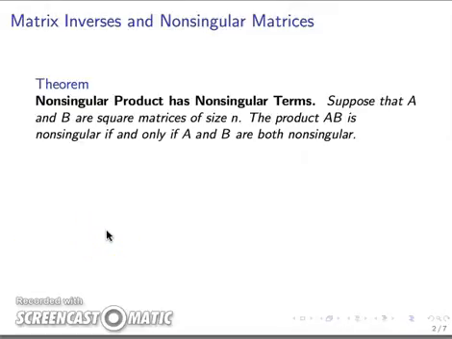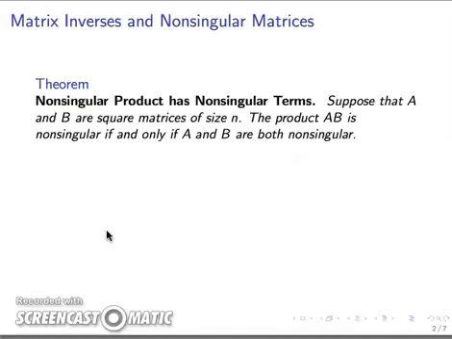So the first theorem that we learn here says that we assume we have two matrices with the same number of rows and columns. They are both square matrices. The implication of this theorem is that their product, their multiplication, is non-singular if and only if each of them is also a non-singular matrix.